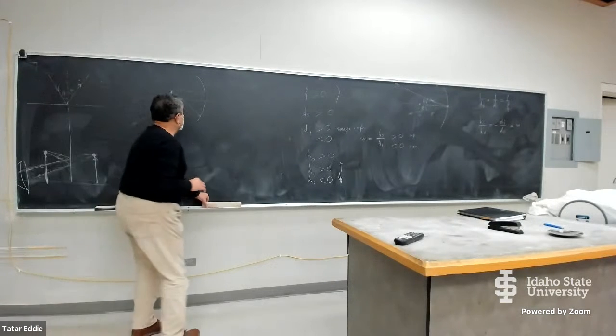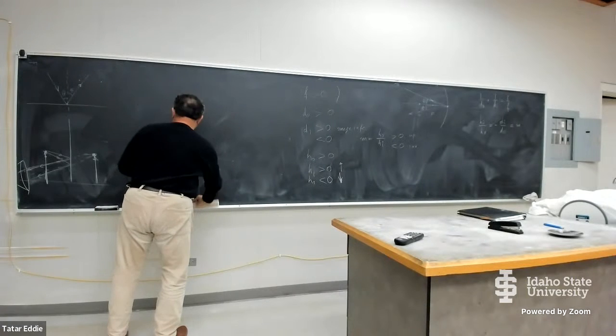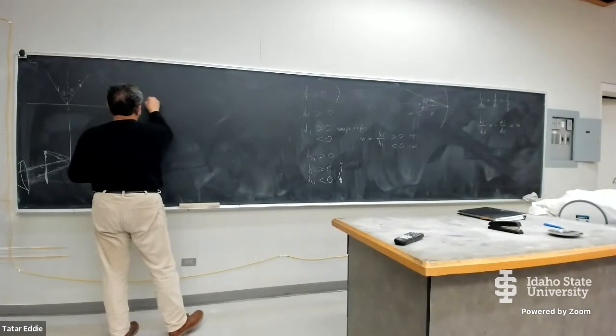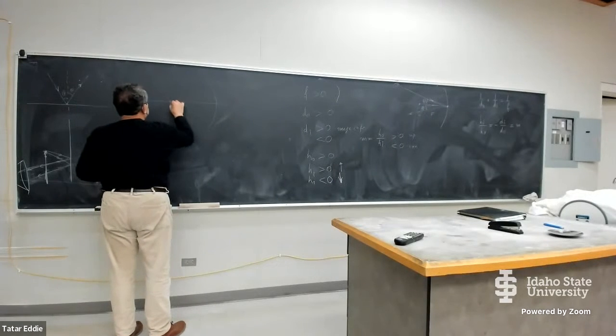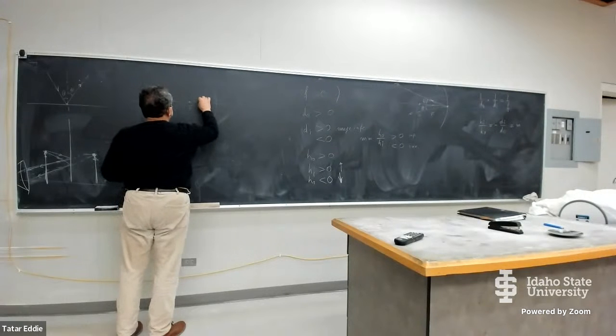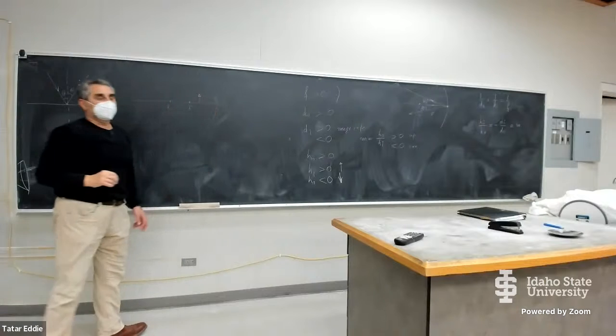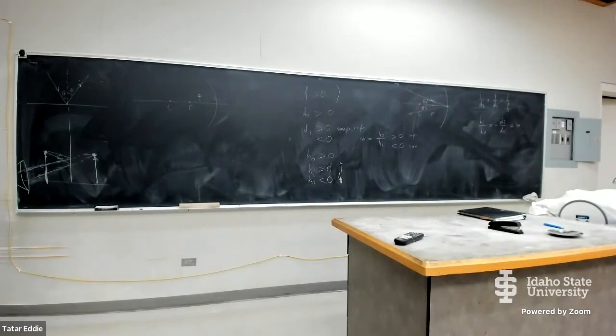Now, let me go back and do the same construction, but now let's place the object between the focal point and the mirror. Here is the center of the mirror, here is the focal point. So this is the case of how you use a dentist mirror.